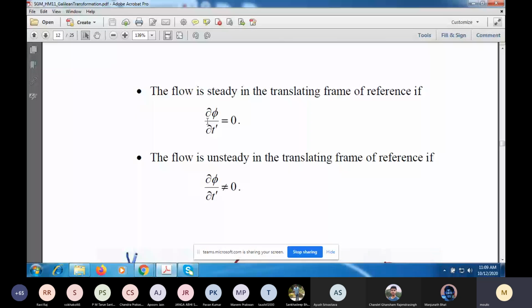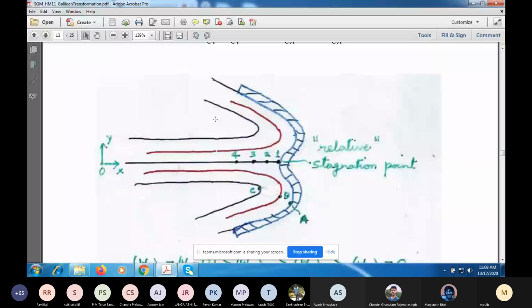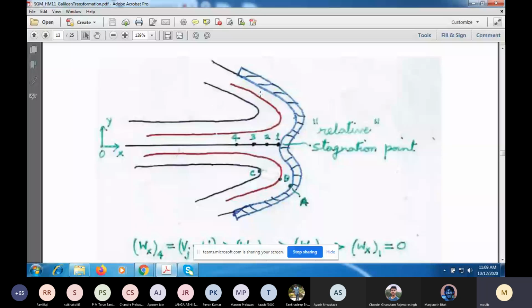And the application of this to the Pelton turbine, we have seen before. The bucket or blade is moving, so the relative streamline pattern is moving with reference to this frame. So flow is unsteady. But if you have a reference frame attached to the translating vane, an observer sitting in that vane will see a stationary streamline pattern.